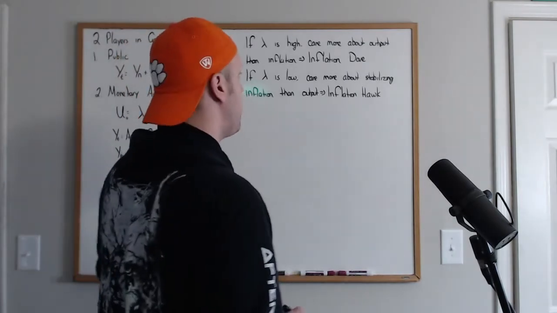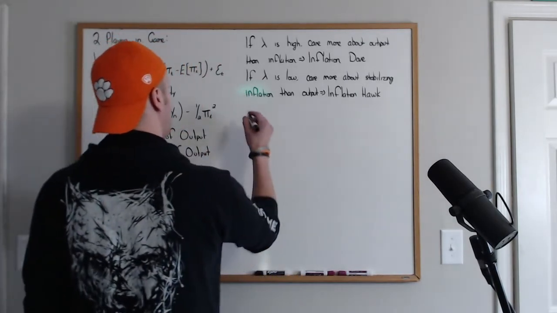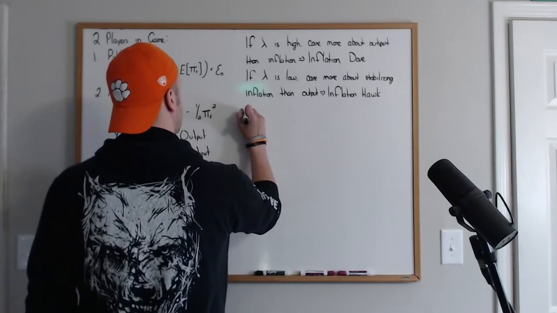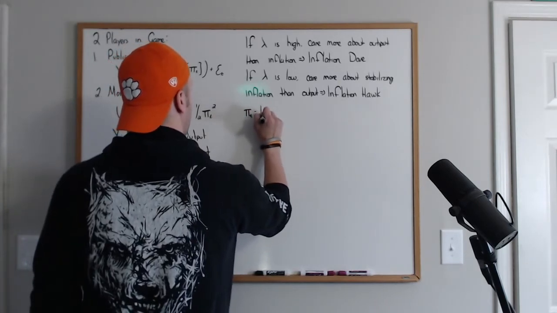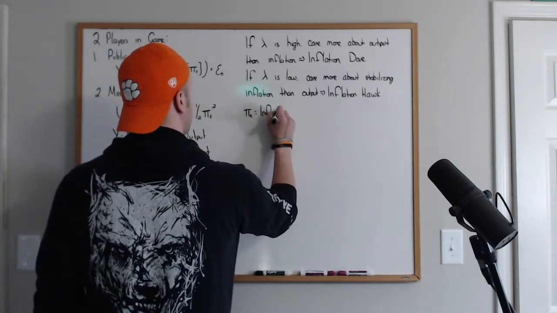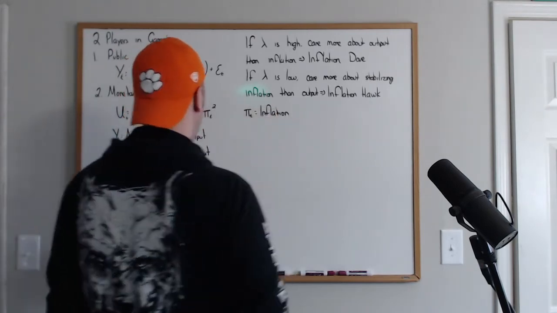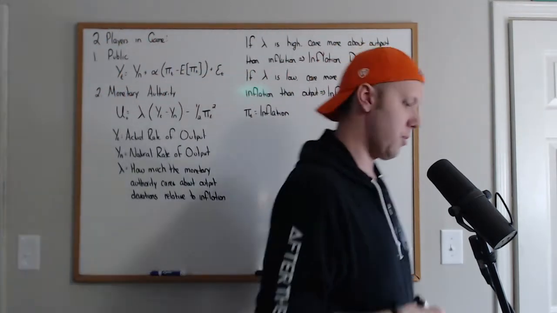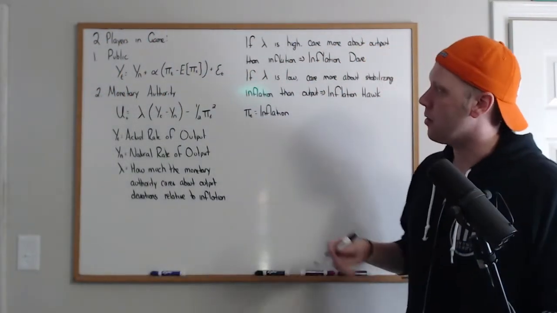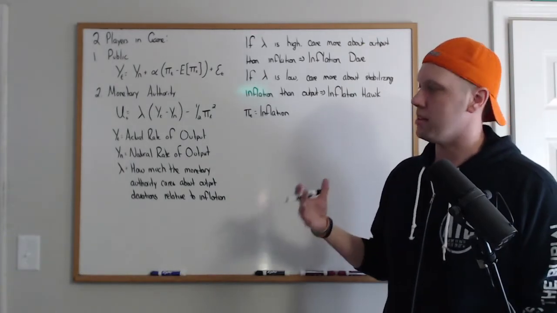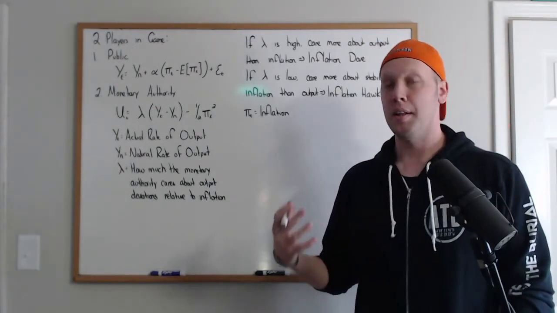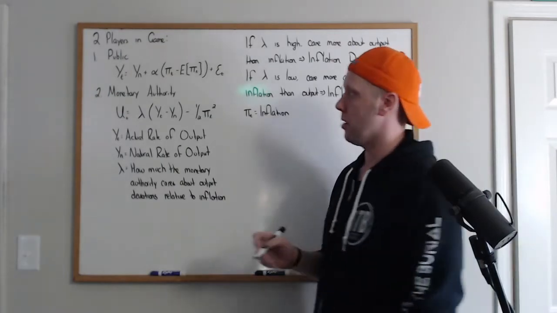So let's talk about the rest of the stuff. Well, pi t is still just inflation. So what's going on here? Well, if you look at this utility function, let's look at what is positive, what's increasing utility here, and then let's look at what's decreasing utility.